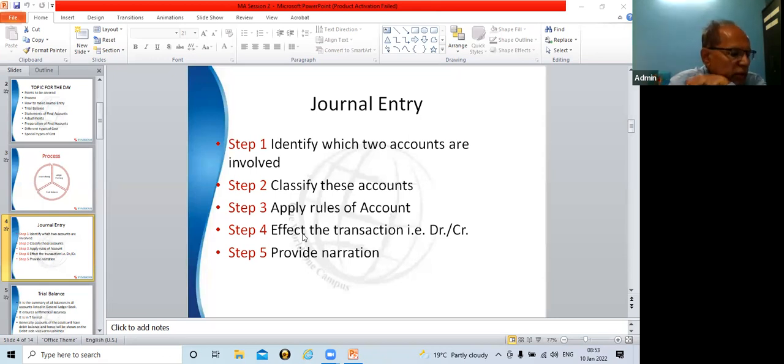So that kind of thing. But here we have given the information that rupees 1,000 paid to Chief Minister Fund as Mr. Amit's personal contribution. Now in this transaction, identify which two accounts are involved.